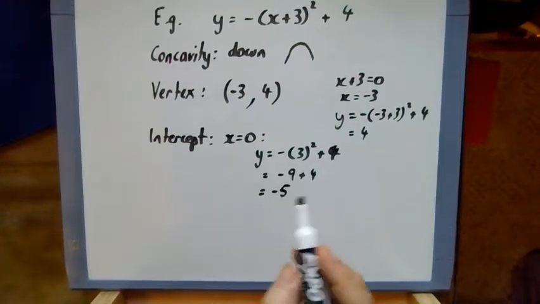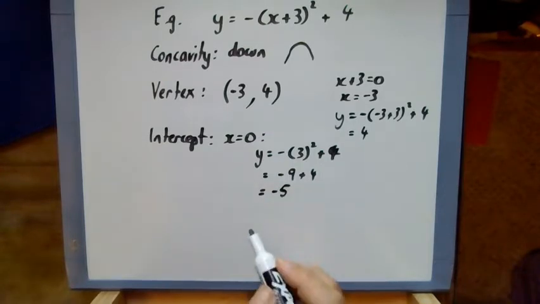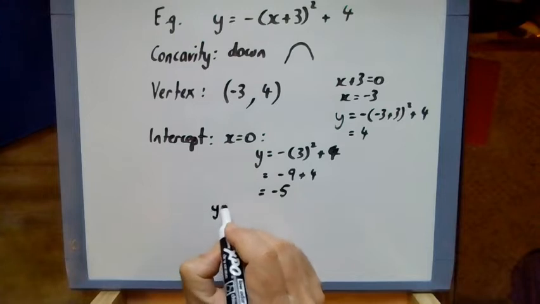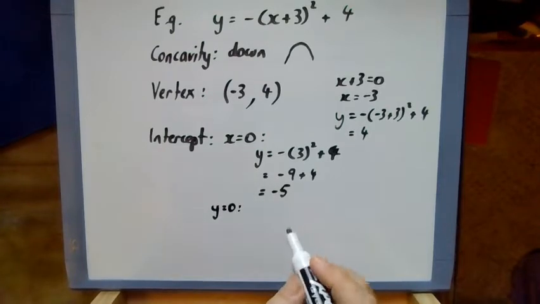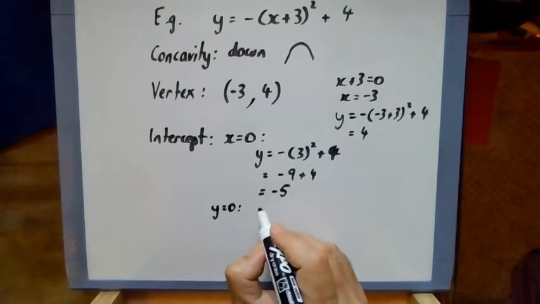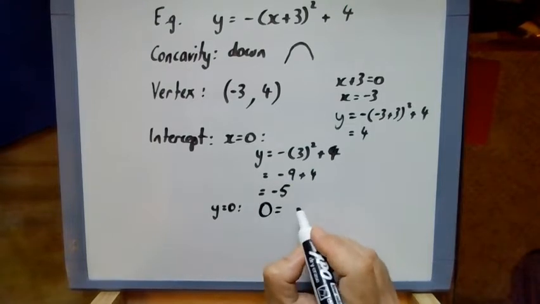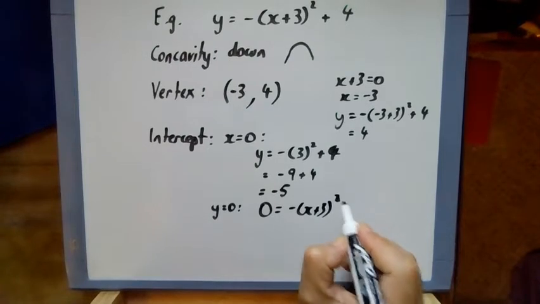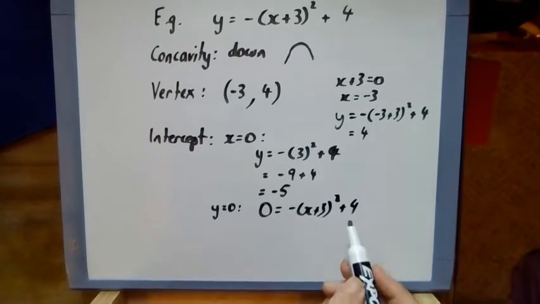To find the x-intercepts, a bit more painful than when it's in factorised form, I will substitute y equals 0 in here, and I will get 0 equals negative x plus 3 squared plus 4.